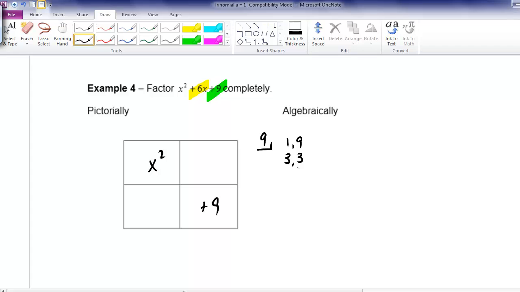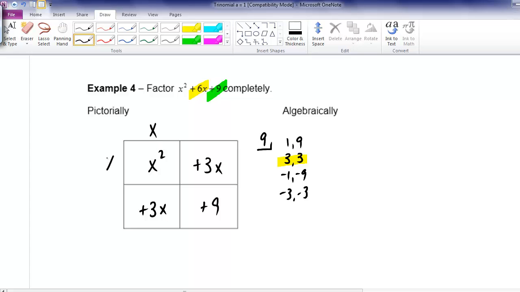And if you wanted to keep going, it's negative 1 and negative 9 and negative 3 and negative 3. But when I do this, I generally stop when I have the answer I want. So we can break apart 6x 4 different ways, but only one of those ways multiplies to 9 and adds to 6. And what we end up with is 3x there and 3x there.